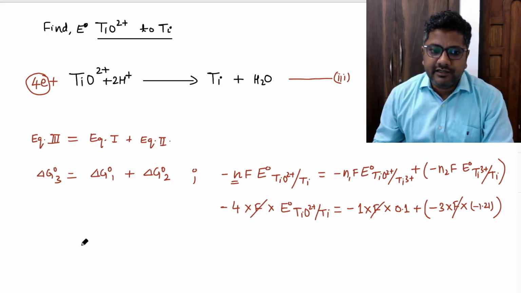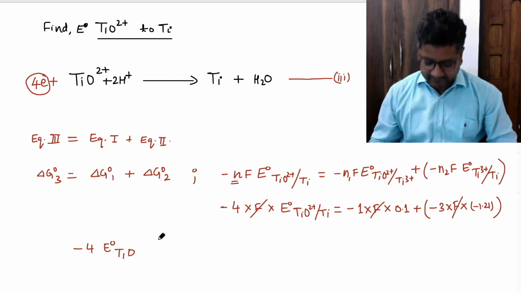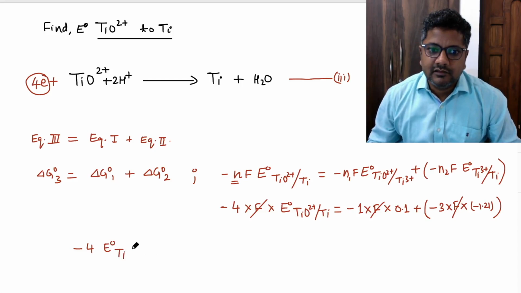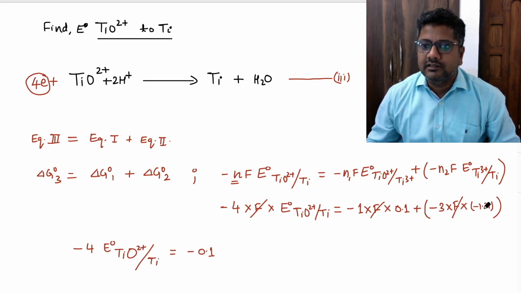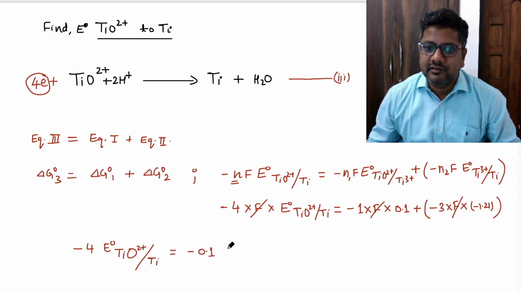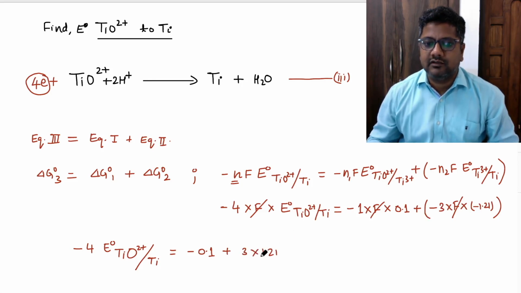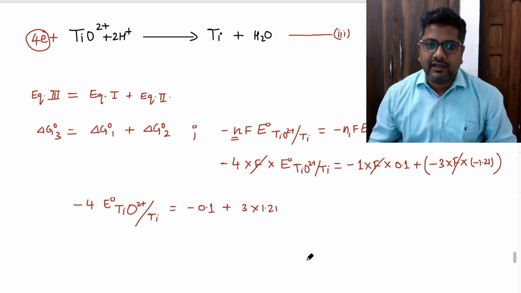So we can write minus 4 into E naught of TiO2 plus to Ti is equal to minus 0.1, this minus minus plus 3 into 1.21, right?